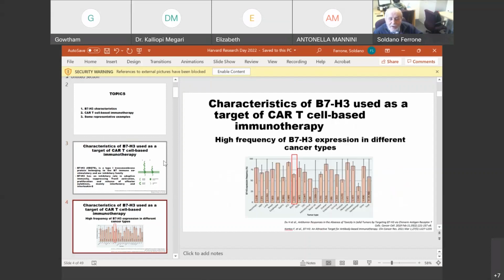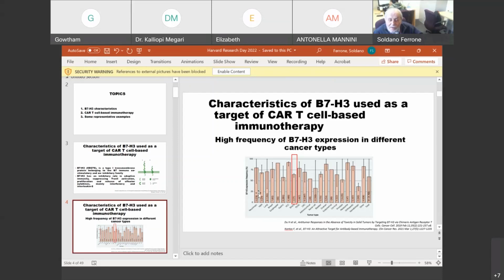The first one is represented by the fact that B7H3 is expressed with high frequency, I would say, in all the tumors which have been tested so far.